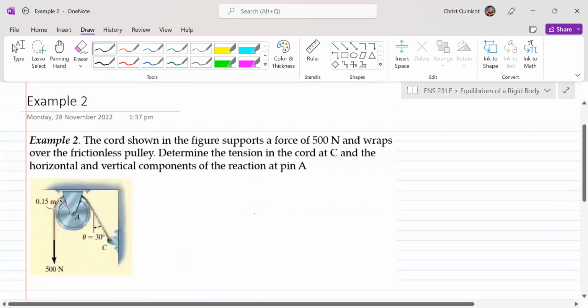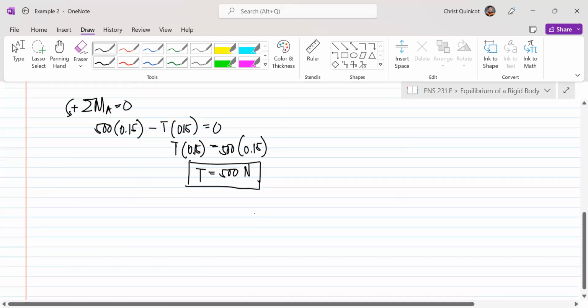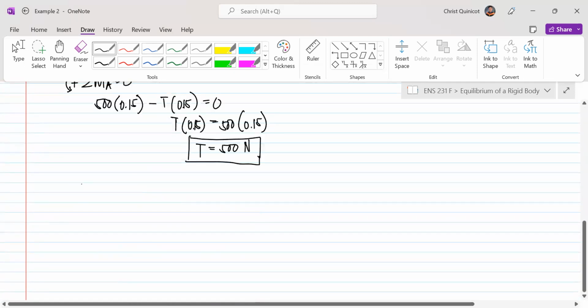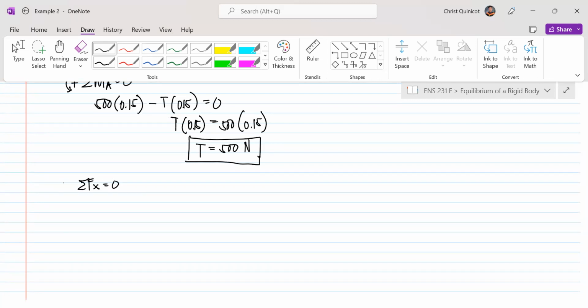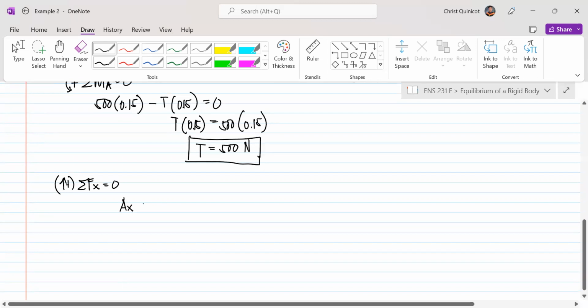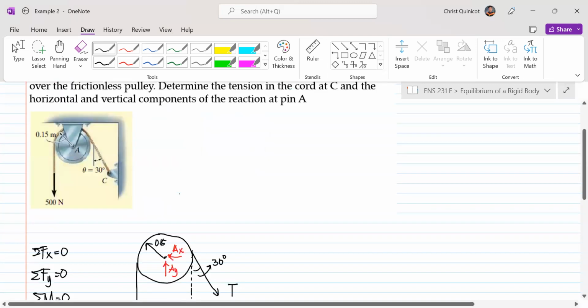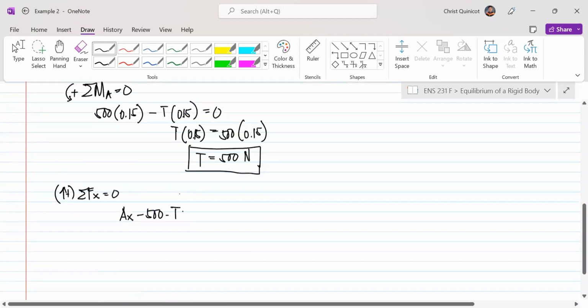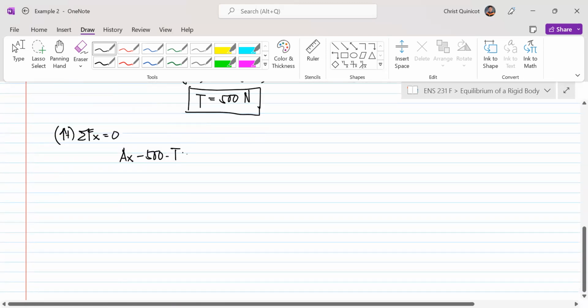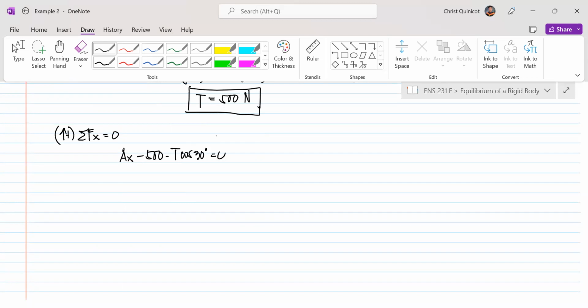So now we are tasked to find the horizontal and vertical components. That means we do summation of forces x equal to 0, assuming upward positive, and that is A sub x minus 500 minus T cosine 30 is equal to 0.